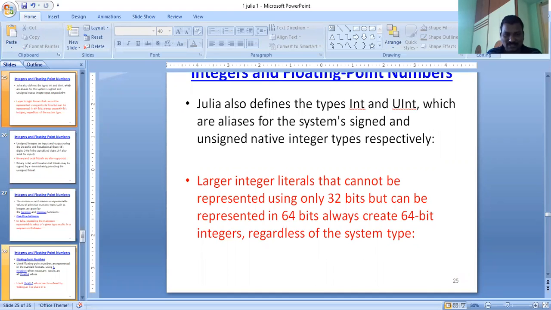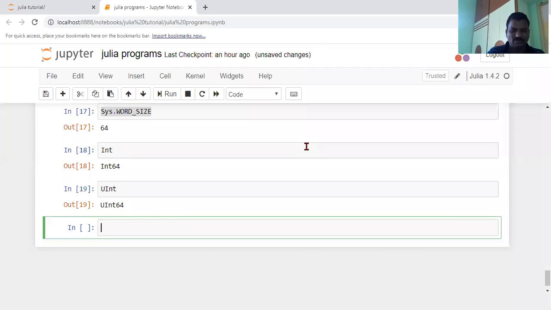For example, I am representing a 64-bit literal in this way. You are taking the larger value here. If you execute this one, its type is 64-bit.